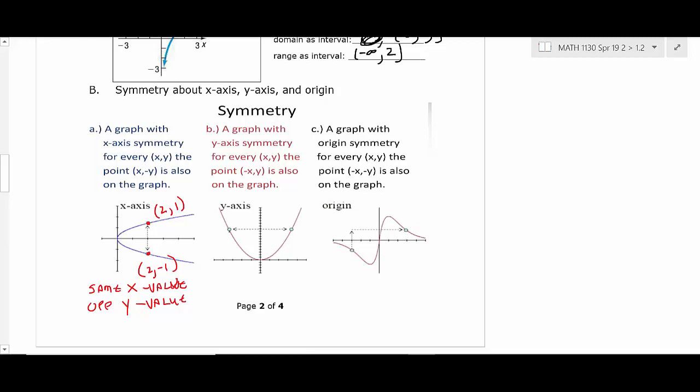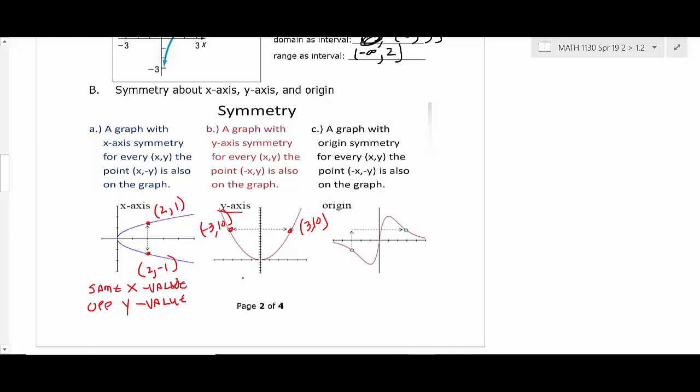This is an example of a graph that's symmetrical about the y-axis. This point here, I'm just estimating, looks like the point (3, 10). Let's just call it that, I can't see all those things. This point over here would be the point (-3, 10), if I'm doing that correctly.